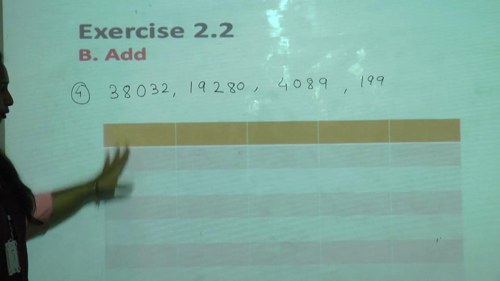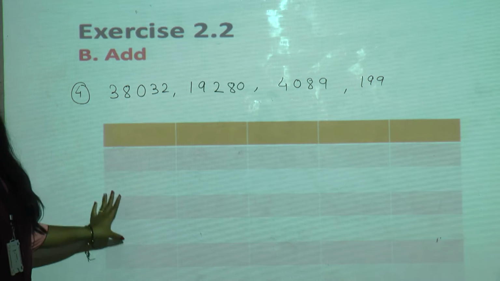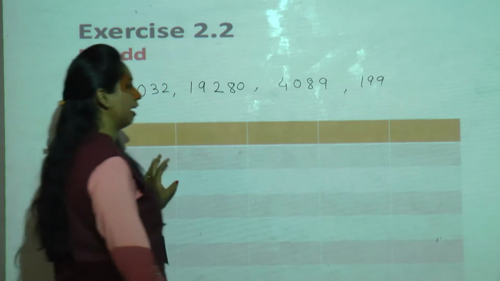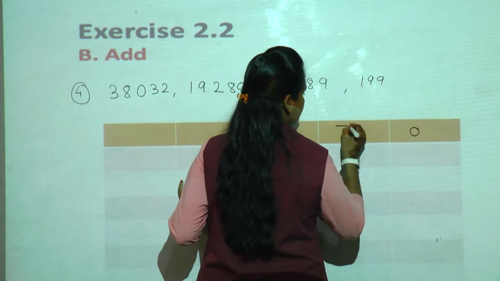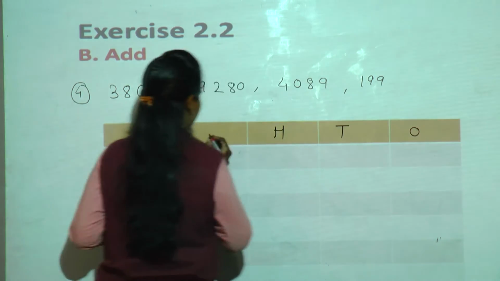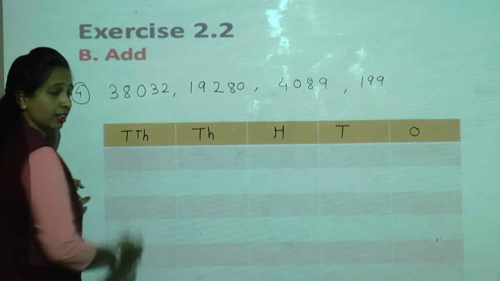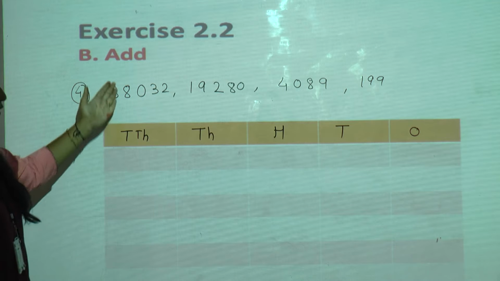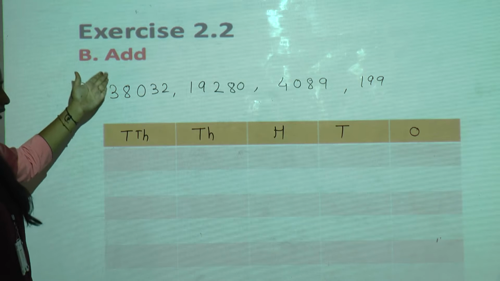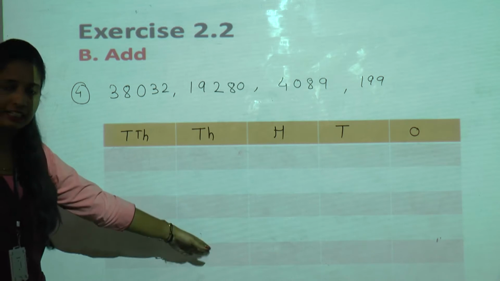Now what you will do? You will draw one place value chart and write ones, tens, 100, 1000, 10,000. Okay. Now you can give your place values to the number or else you can write directly.